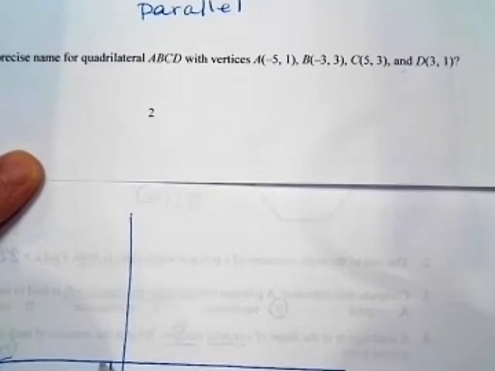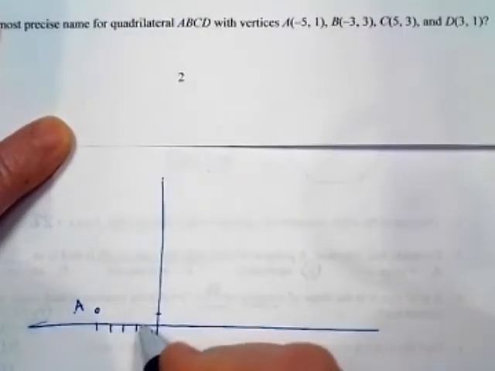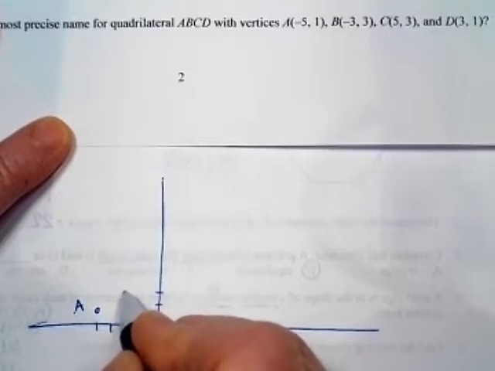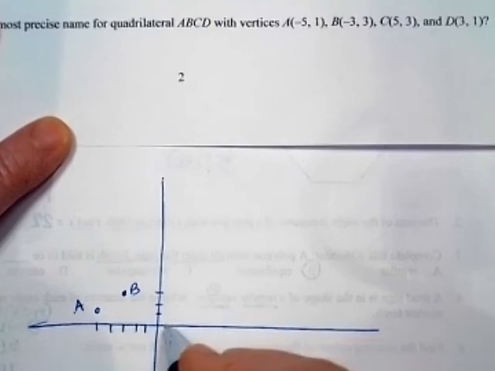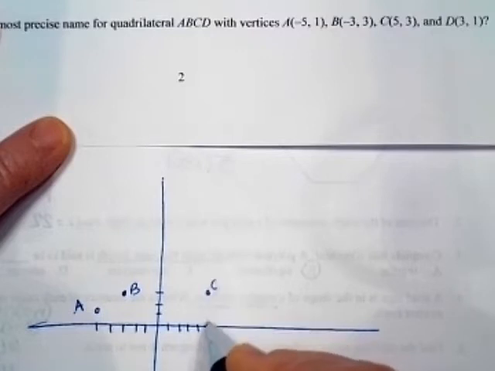Negative 5, 1. There is A. Negative 3, 3 is B. 5, 3 is C, and 3, 1 is D.